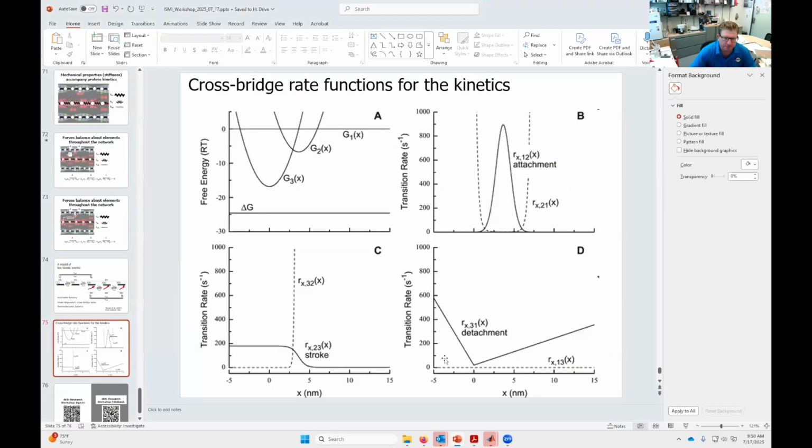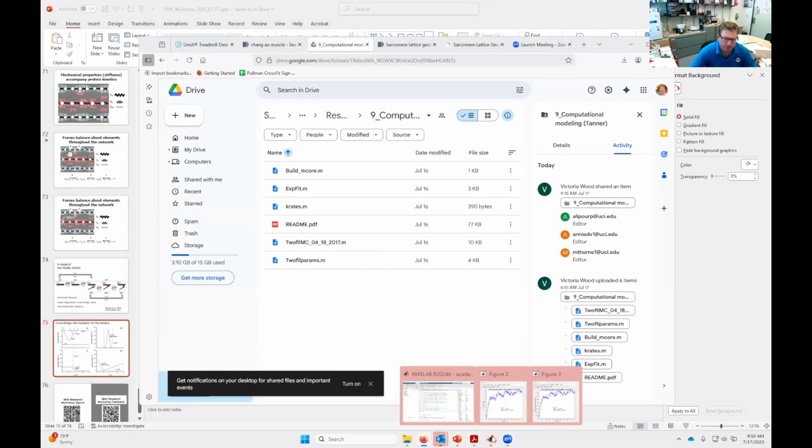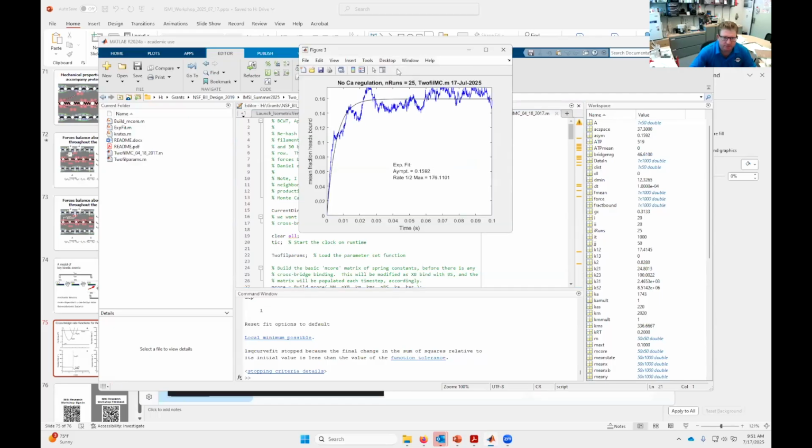So that's a summary of what's in that folder. If I go and look at MATLAB, for example, this is the two filament MC. If I run this from scratch, I get something that pops up where I made two figures.